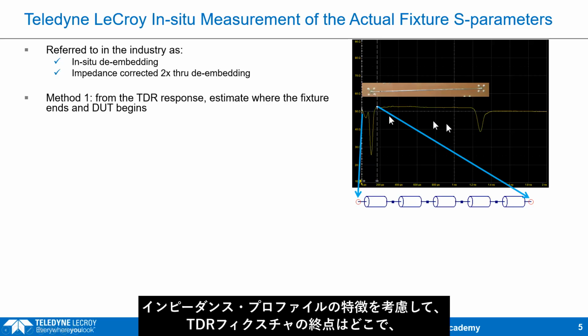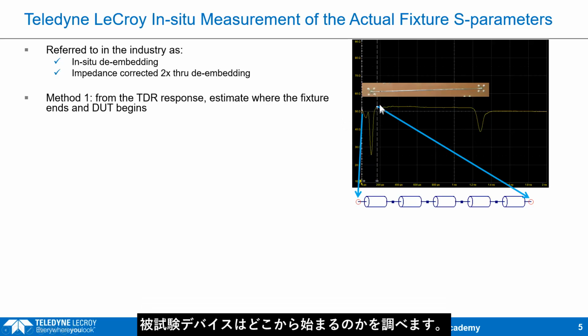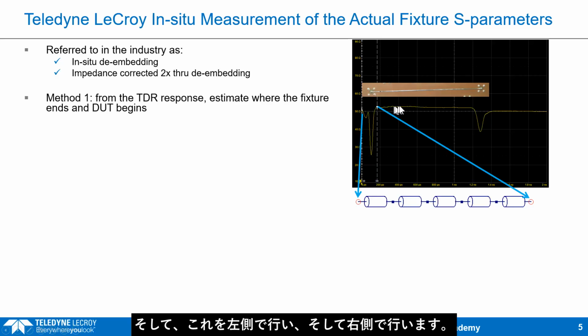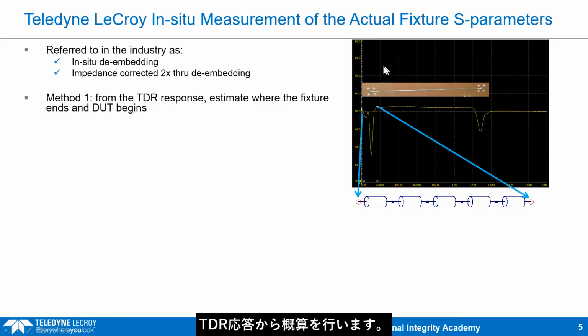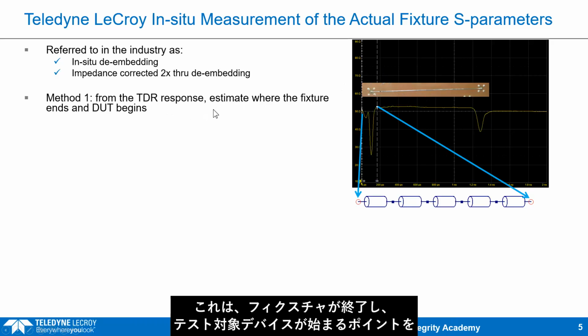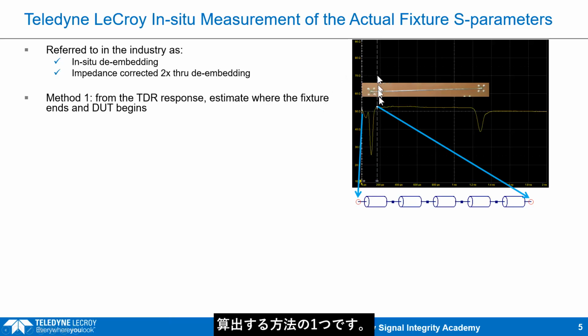We look to see, given the features of the impedance profile, where is the end of the fixture and where does the device under test begin? And we do that on the left side and we do that on the right side. We look to see how far in from the beginning of the measurement does the fixture end and the device under test begin. And we make a rough estimate from the TDR response. That's one way of getting that point where the fixture ends and the device under test begins.